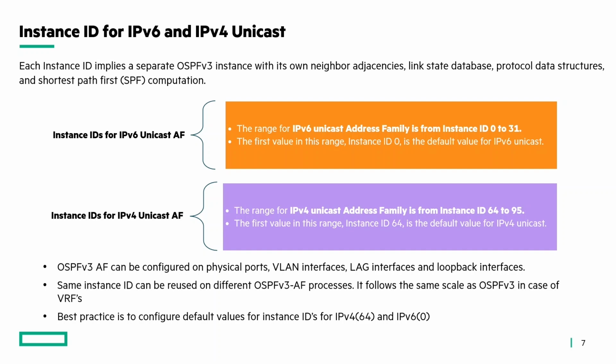The same instance ID can be reused on different OSPFv3 AF processes, and it follows the same scale as OSPFv3 in case of the VRFs. One thing to highlight here is the best practice for using the instance IDs, which is to configure the default values for the instance IDs for both IPv4 and IPv6.